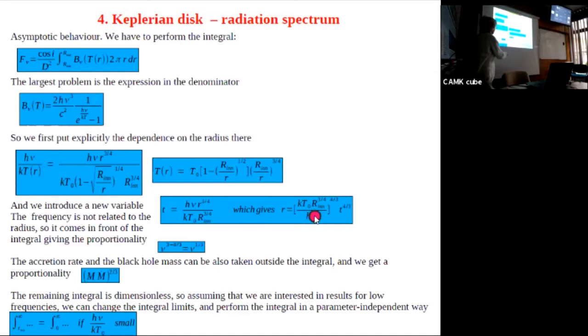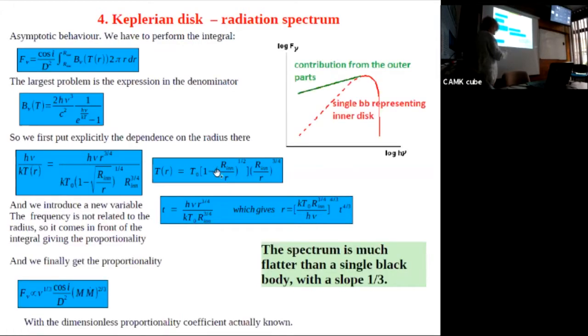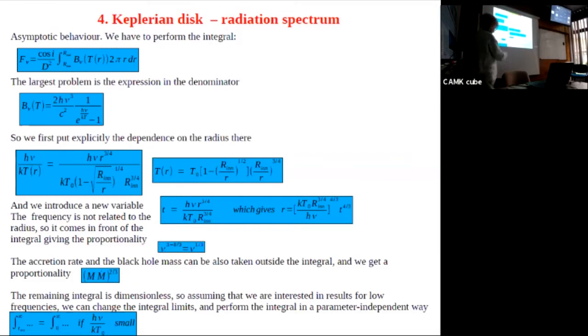And then from this change, you get nu to the power 4/3 minus, again back. And then you have also the r, and it gives you another term like this. So finally you have 3 minus 8 divided by 3. So finally you have nu to the power 1/3 in front of the integral.